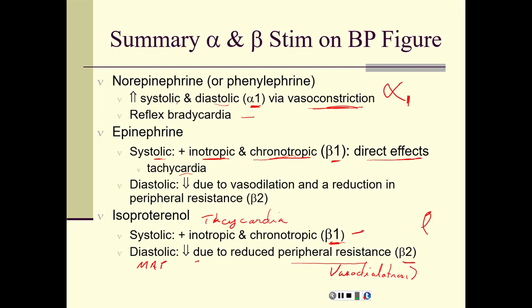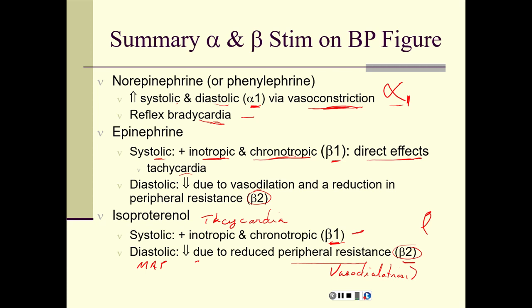And then we did see some decrease in diastolic pressure due to vasodilation and a reduction in peripheral vascular resistance, which we say is mediated by beta-2 receptors, similar to this down here. All right. And all of these occur at particular doses, and I'll show that on an upcoming slide. Right. So this is a summary of the alpha effect, just emphasizing the alpha-1 effect is vasoconstriction and a reflex bradycardia, and that becomes clinically important with some drug use.